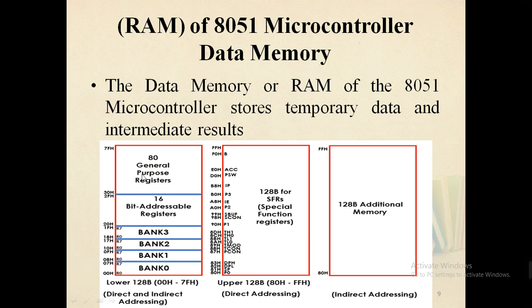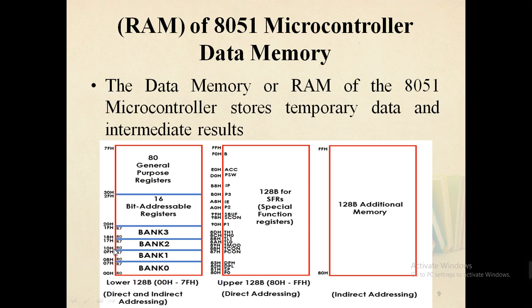In the first 128 bytes of RAM, from 00H to 7FH, the first 32 bytes, that is memory address 00H to 1FH, consist of 32 working registers.